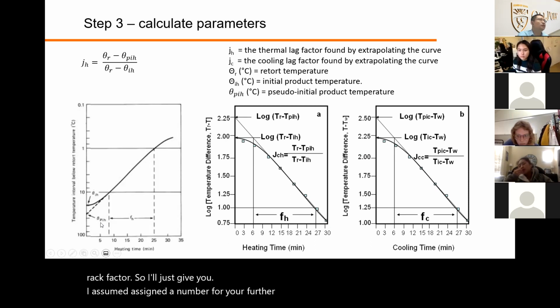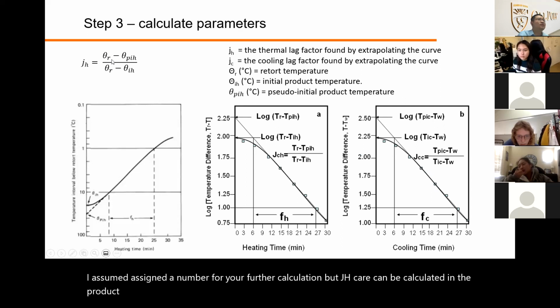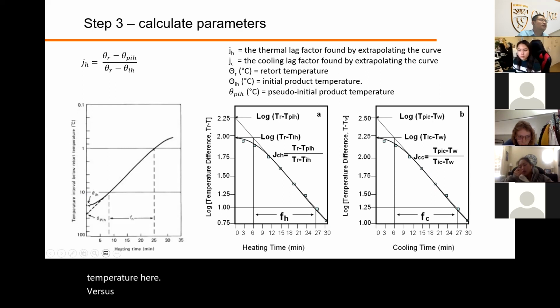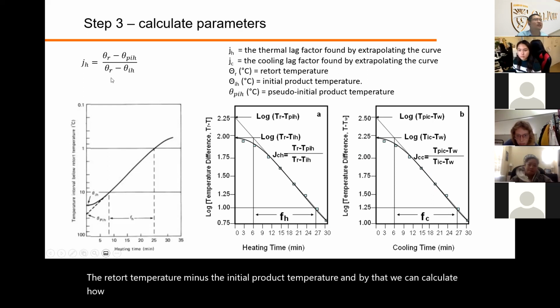But the JH here can be calculated from theta R, the retort temperature, minus the pseudo initial starting temperature, versus the retort temperature minus the initial product temperature. And by that, we can calculate how much lag there was at the very beginning.